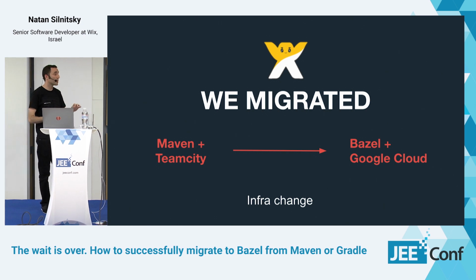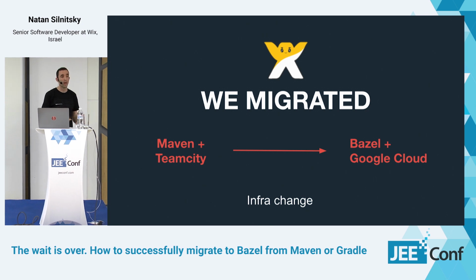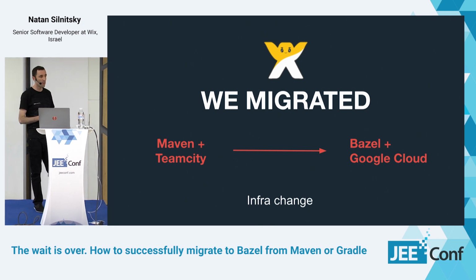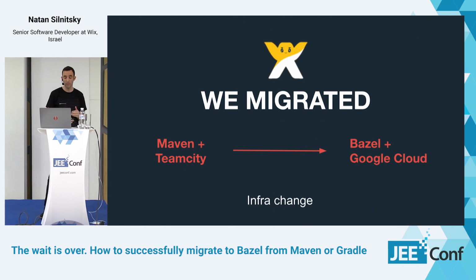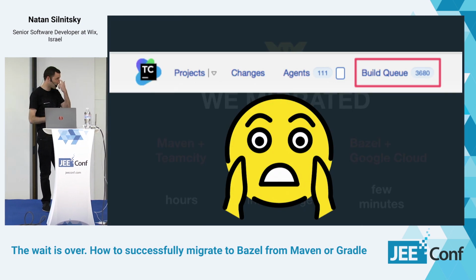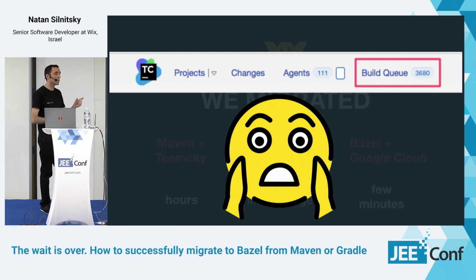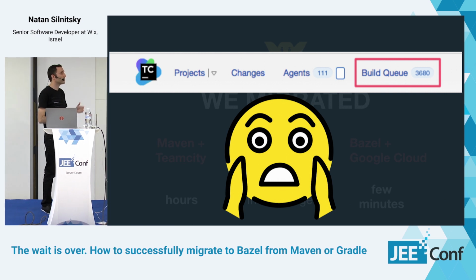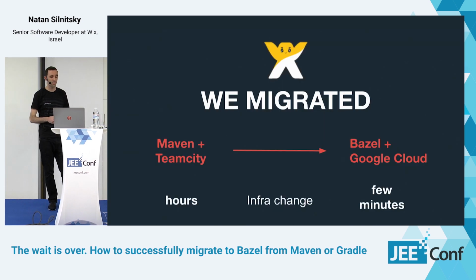Now, any single change you made to these dependencies, which were all snapshot dependencies, meaning they keep getting updates all the time, meant that all of the code needed to get rebuilt. So in Teamcity, there was this huge queue of thousands upon thousands of modules, and the whole dependency graph needed to get rebuilt. And it took hours to deplete.